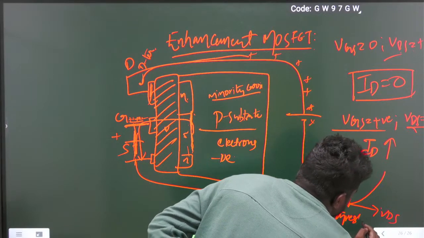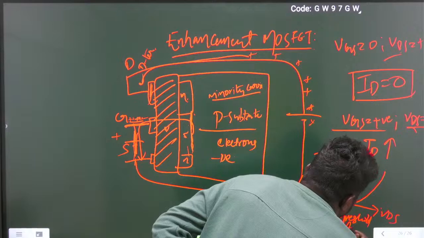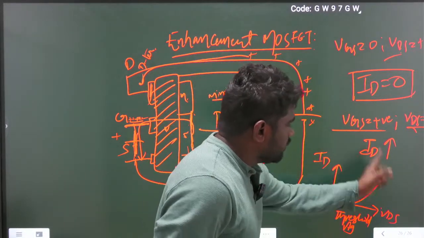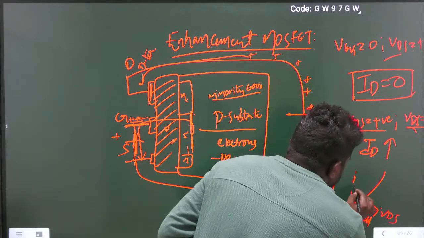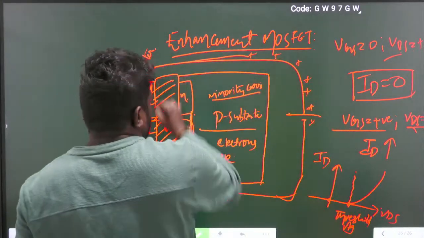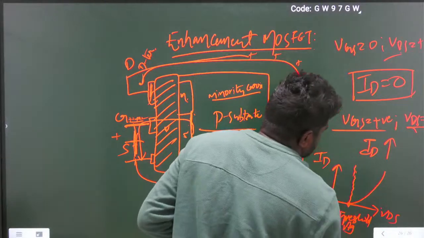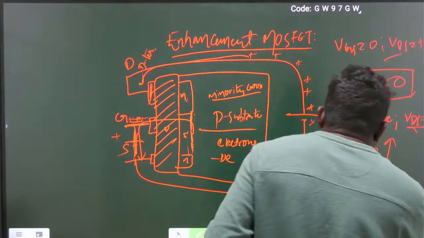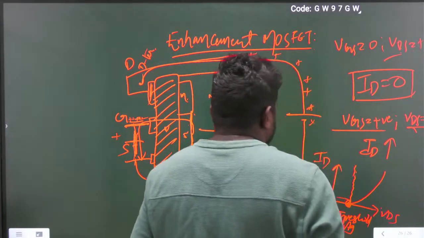After the threshold voltage only, current will pass from drain to source. So this is the output characteristics of ID and VDS.